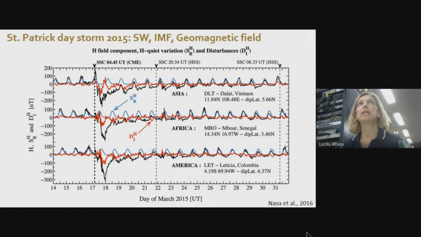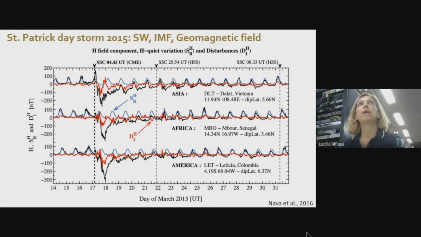You are seeing here as black line the horizontal component of the geomagnetic field as observed by the magnetometer in Asia, top plot, Africa in the middle, and America. And you see in particular the location of the magnetometer in Vietnam, Senegal, and Colombia.